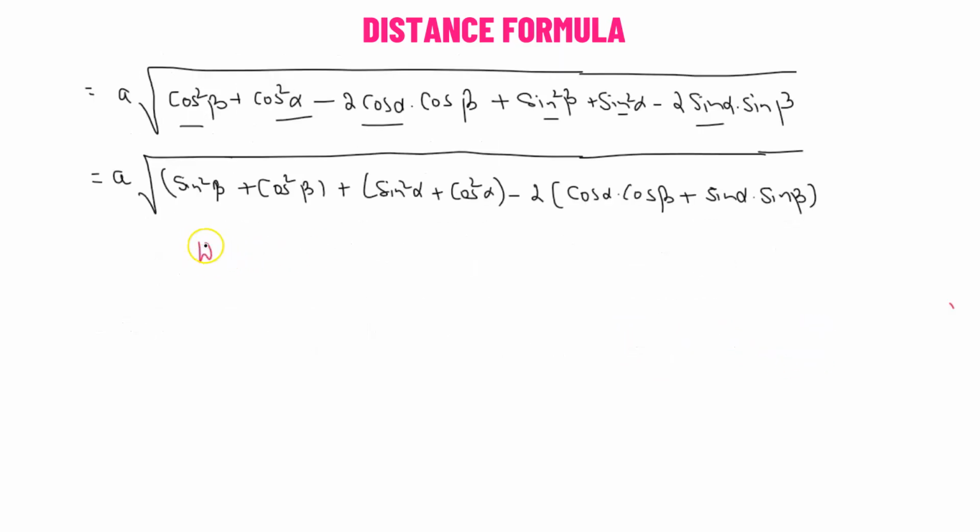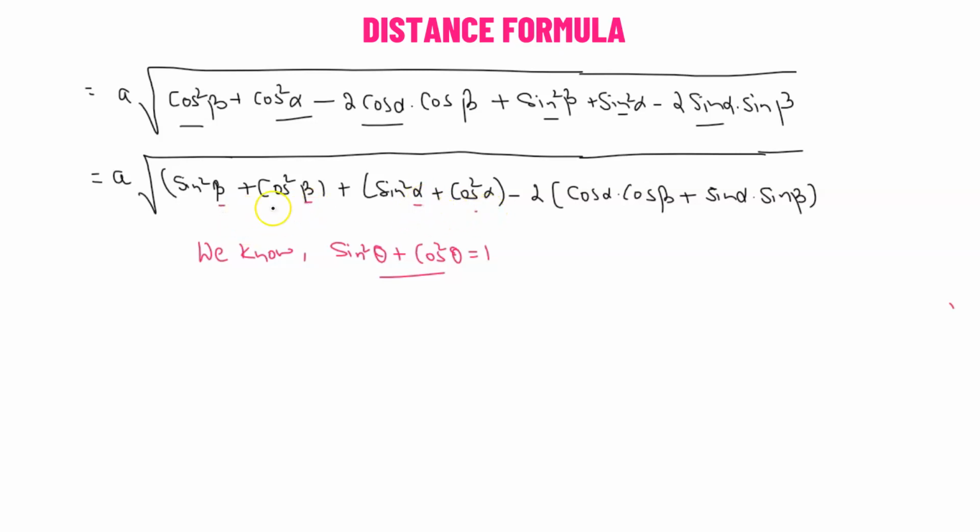Now we know that we have the standard identity sine squared theta plus cosine squared theta equals 1. So this is an identity because it's true for any value of theta. In our case, for the first one theta is beta, and in the second case theta is alpha.